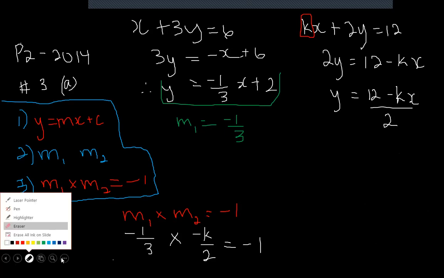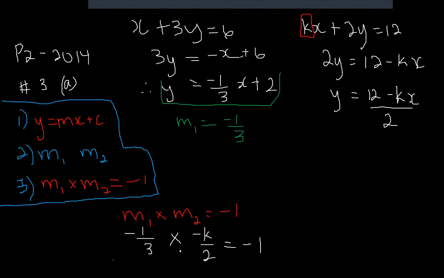Right. So if I multiply these two, minus a third and minus K on 2, minus 1 times minus K, that's K, because we know a minus and a minus is a plus. And 3 by 2 is 6. So K on 6 is equal to minus 1.